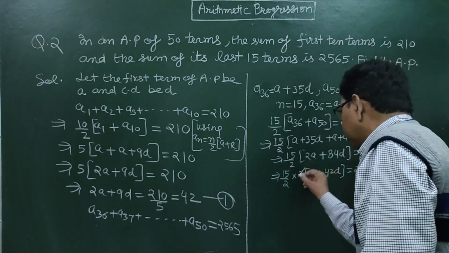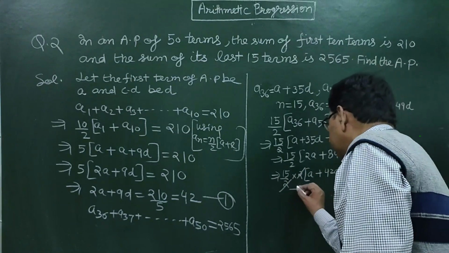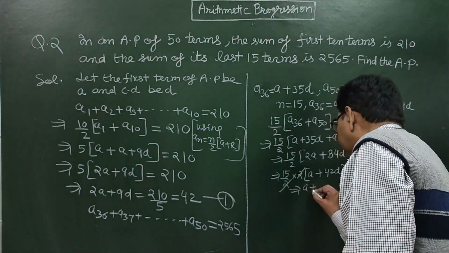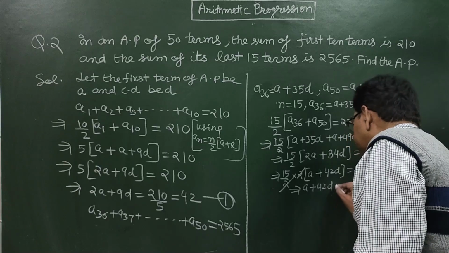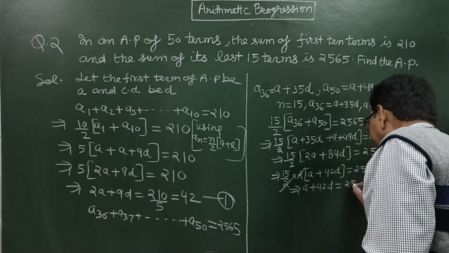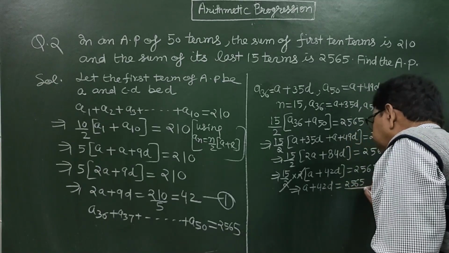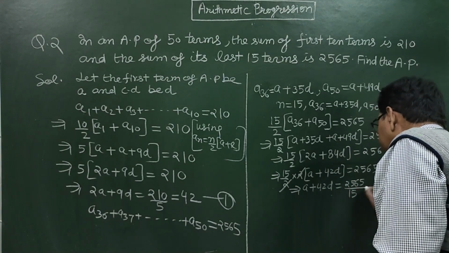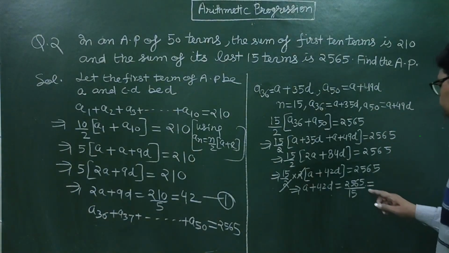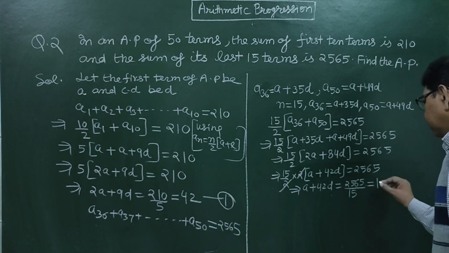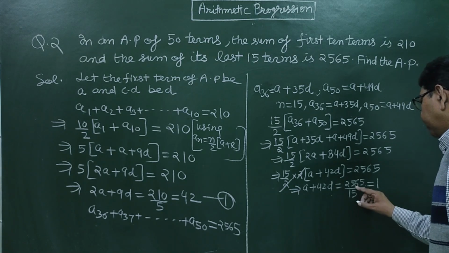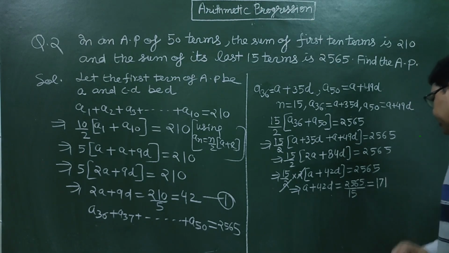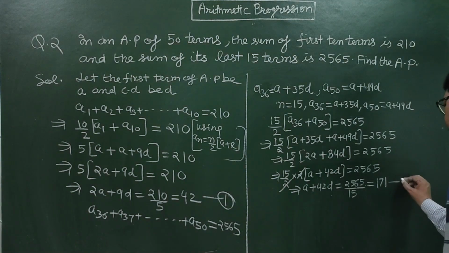Now this 2 and 2 cancel. This implies that A plus 42D is equal to 2565 upon 15, which is 171. This is equation number 2.